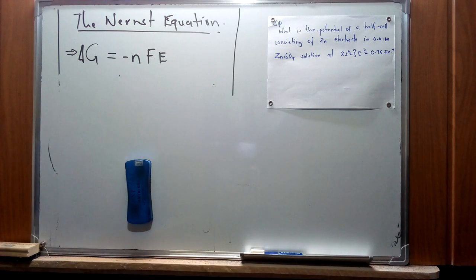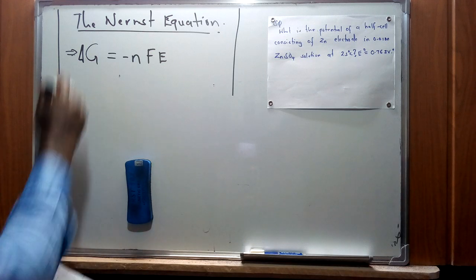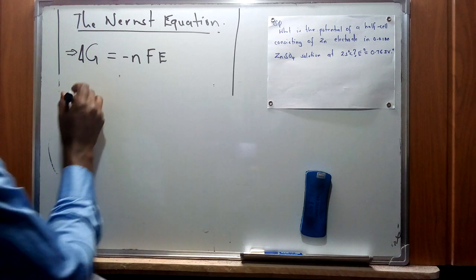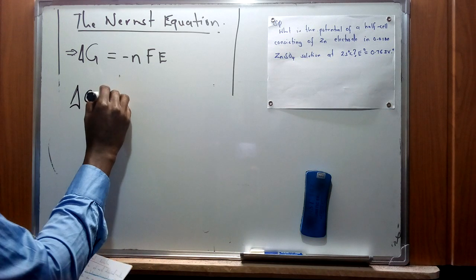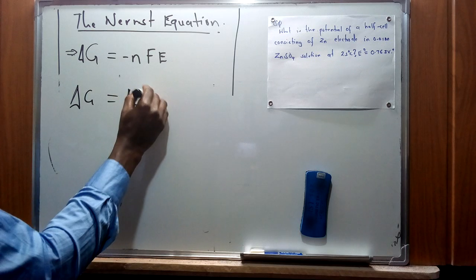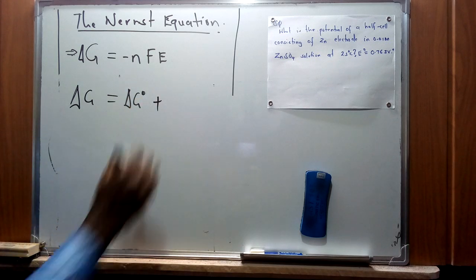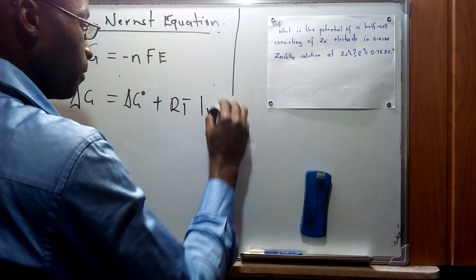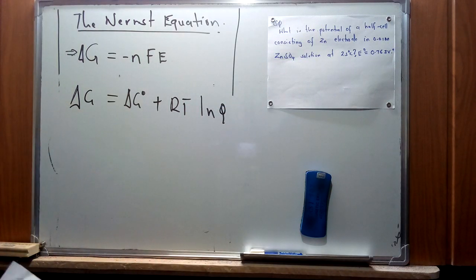So in the Nernst equation we're going to use this relationship whereby Gibbs free energy is represented as the standard Gibbs energy plus RT natural log of Q. So these are different ways to represent the Gibbs free energy.